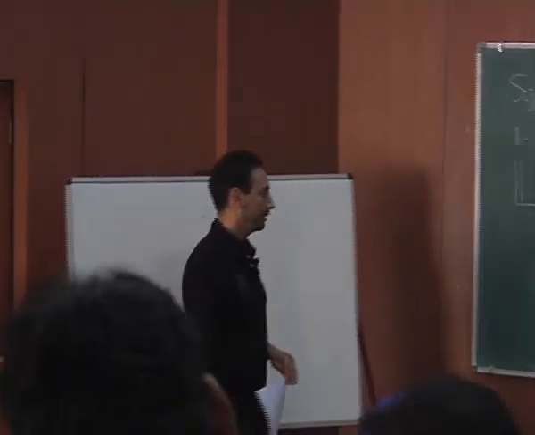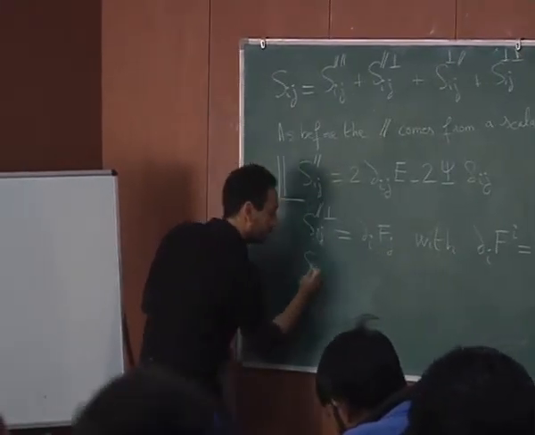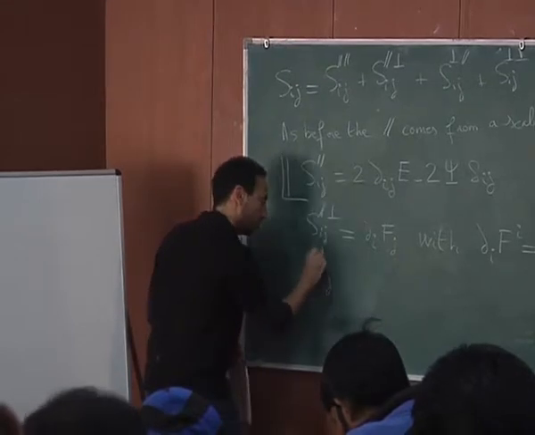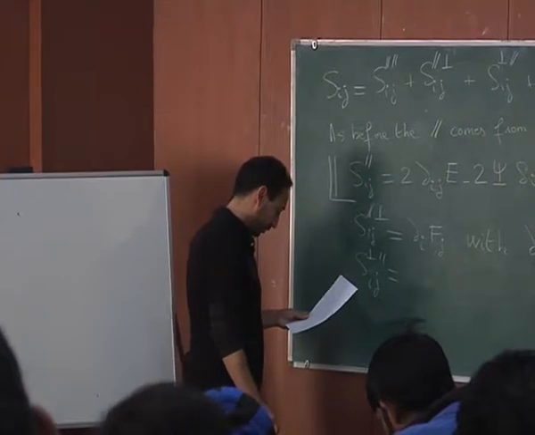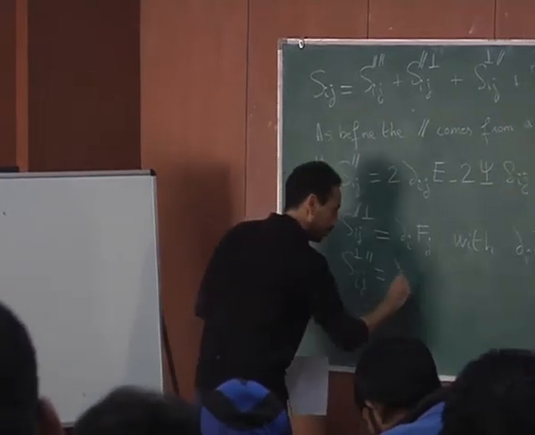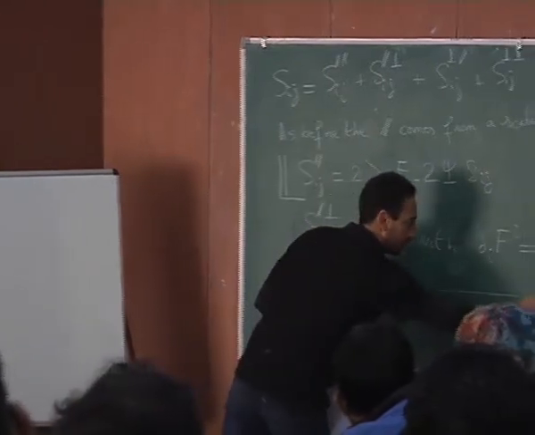So this is what it means, and you will get exactly the same thing for S ij orthogonal parallel. It will be the same thing with just dj fi with the same condition.